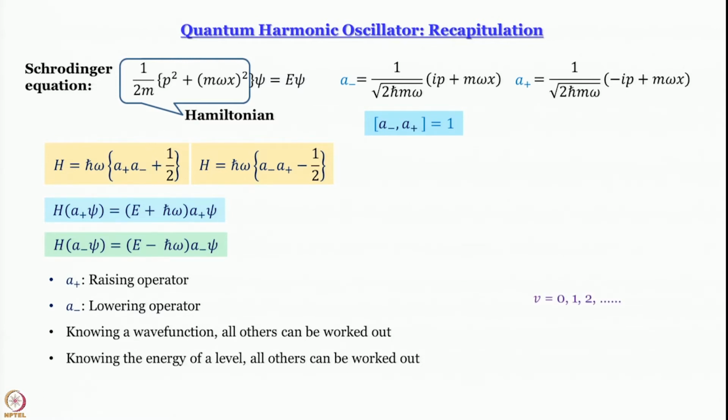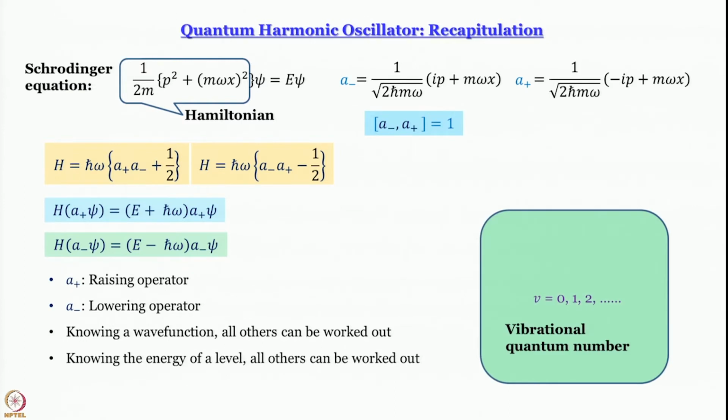In fact, we have noted that vibrational quantum numbers have values of 0, 1, 2, 3, and so on, and the expression for energy of vibration for a harmonic oscillator is E_v equal to (v plus half) times h cross omega, which also tells us that for the lowest value of v equal to 0, the energy is not 0, it is half h cross omega. But we have said it several times, let us not go into that once again.